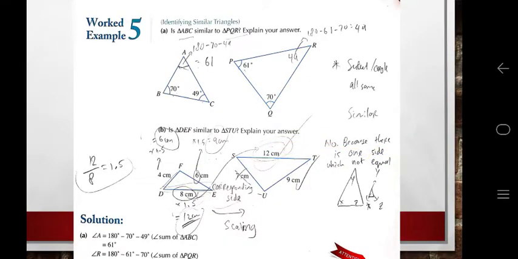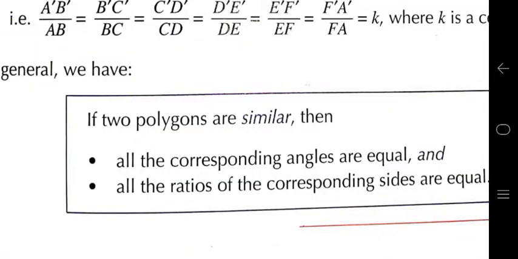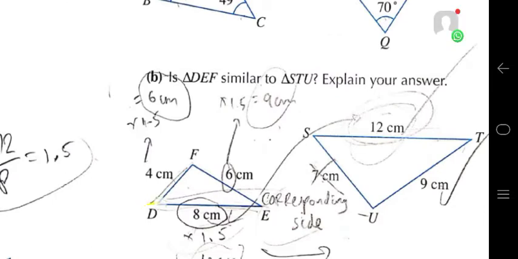How do we know not to compare, for example, 8 with 9, and 6 with 12? How do we know I need to compare 8 with 12? Just notice that 8 and 12 are both the longest side of the triangle.